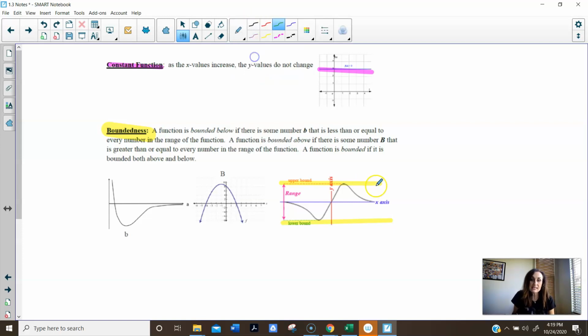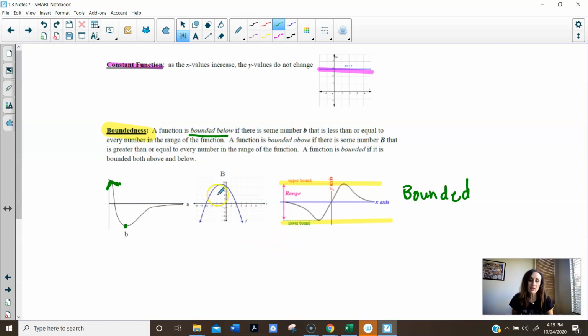So this last picture here is a bounded graph. Now, if you have a graph that has a very low point, but as we move here, it's going to be moving up forever, then we call this bounded below. So you have a low point, but no high point that's bounded.